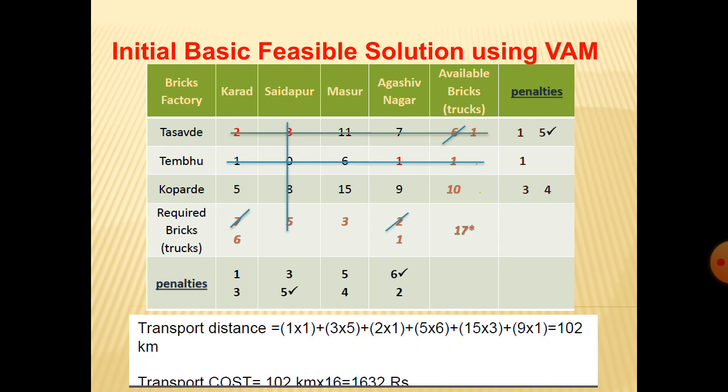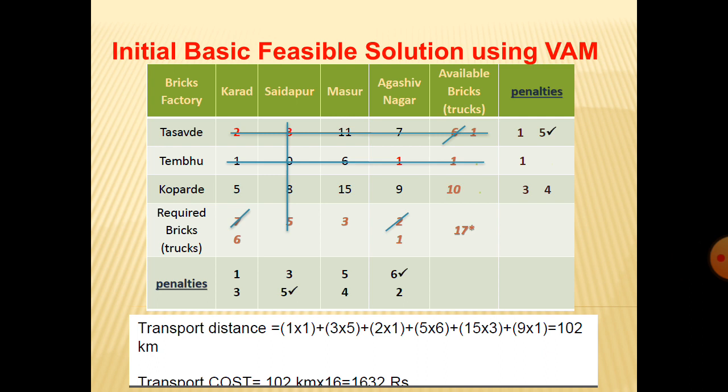Then you go to the next and remove this entire column. Afterwards you rewrite the matrix again. After rewriting the matrix, you have to repeat the process by finding the penalties.